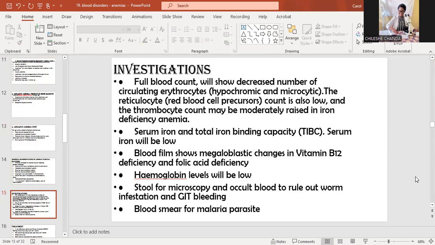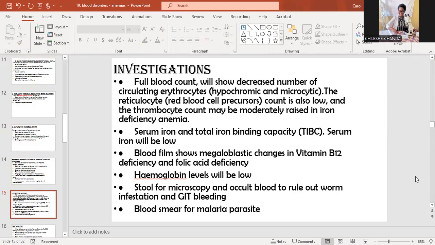Now, what will you do to confirm that this is anemia that the patient has come with? When a patient comes to the unit, we all know that once you get the history, you now have to do investigations that include lab investigations that you need to confirm now. Before you start treatment, you need to confirm that the patient indeed is suffering from this particular disease.